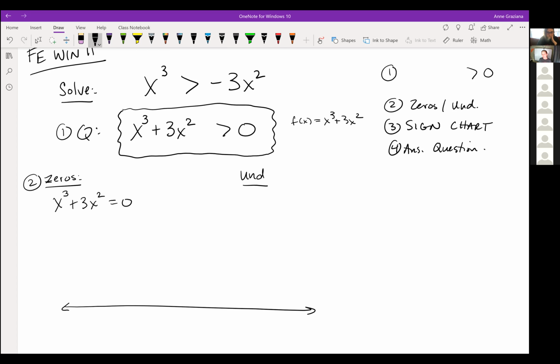Okay. How about, let me call on somebody. Abil, you've been really quiet today. How do we solve for the zeros here? Not really sure. All right, do you see the x cubed plus 3x squared? Yeah. All right, so that's just an equation. Yeah, but I thought we couldn't set it equal to 0 unless it was equal to.